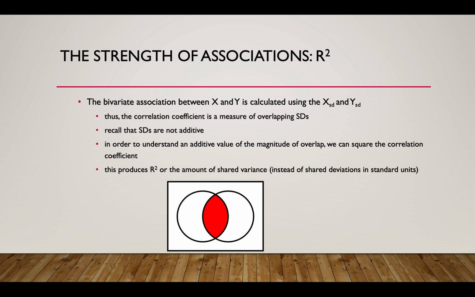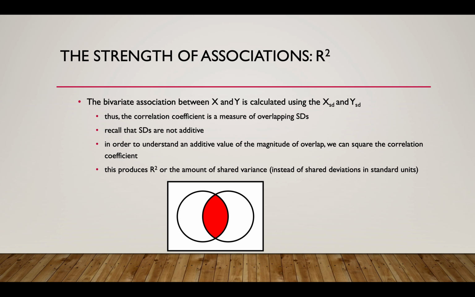This produces an r squared, or the amount of variance that's shared between the two, instead of shared standard deviations and standard units. This is why we use r squared. This is the whole purpose behind r squared, because a correlation is the overlap in standard deviation units, not the overlap in variance accounted for. And if you think about it, in a regression equation, what we're talking about is for every increase in x, that slope b is an increase that we expect to see in y.